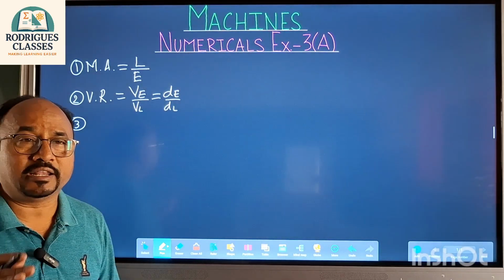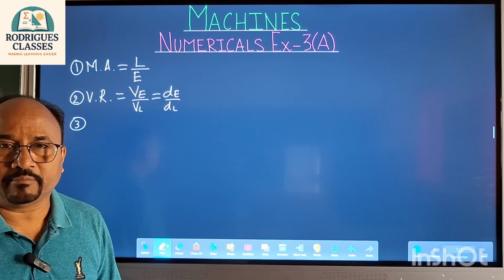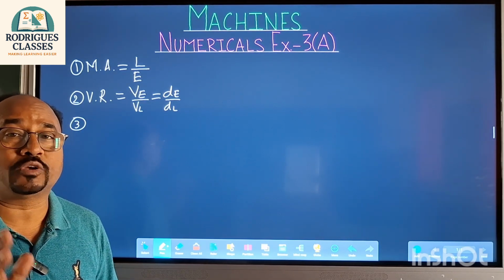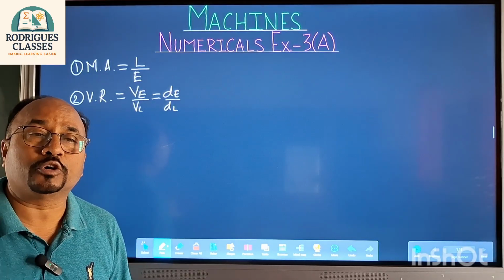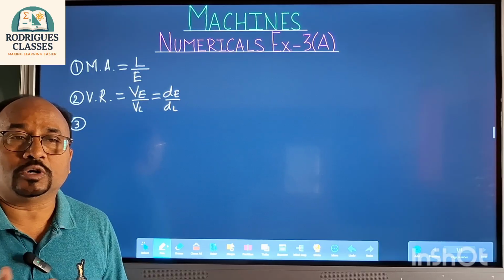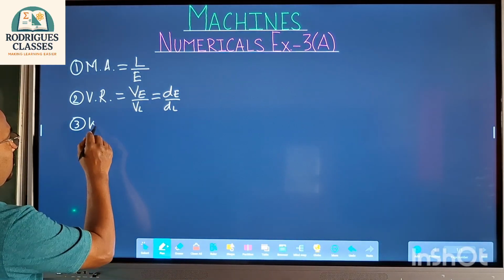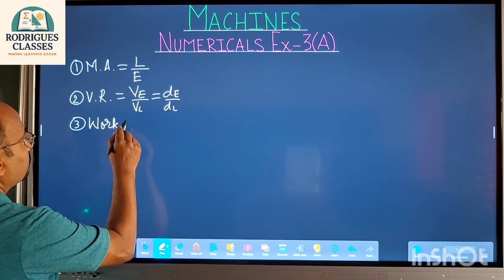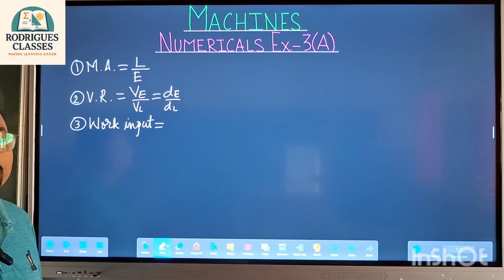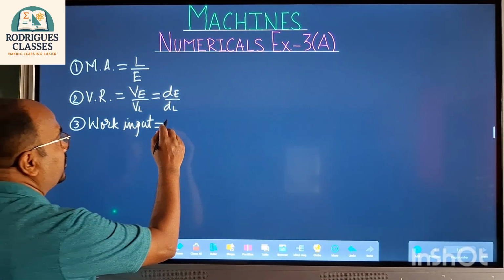Whenever we are using any machine, work output and work input will be the same in an ideal machine, but it is impossible to get an ideal machine, so work output will always be less than the work input. So we should know what is work input and what is work output. So first of all, for work input, we know work is force into displacement. So the force applied in input case is effort.